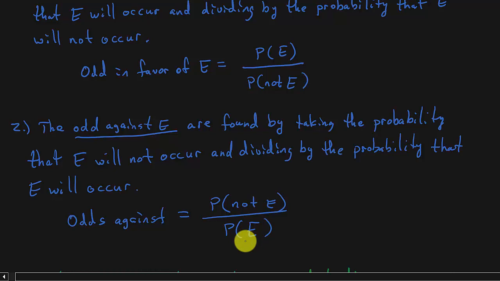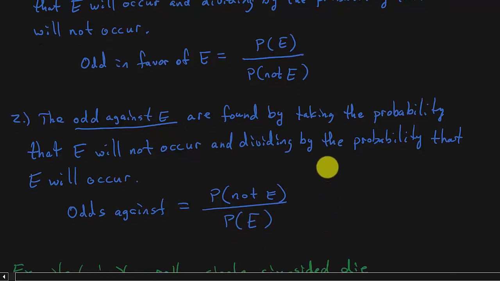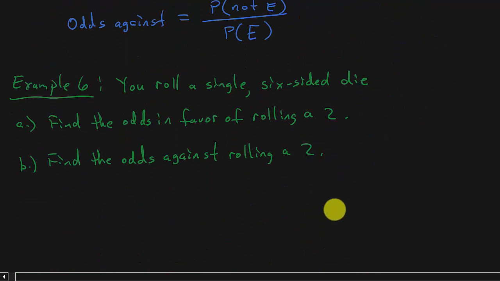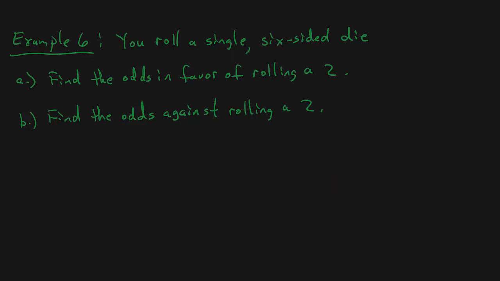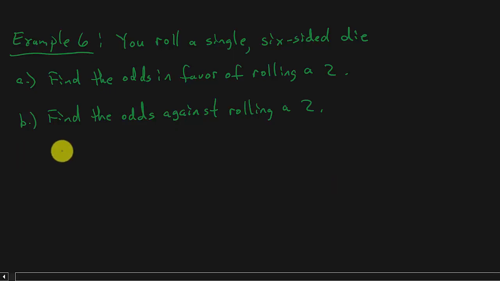Okay? All right, so you roll a single 6-sided die. Find the odds in favor of rolling a 2. Okay, odds in favor of rolling a 2. So let's just go ahead, first, and write down our sample space. 1, 2, 3, 4, 5, 6.